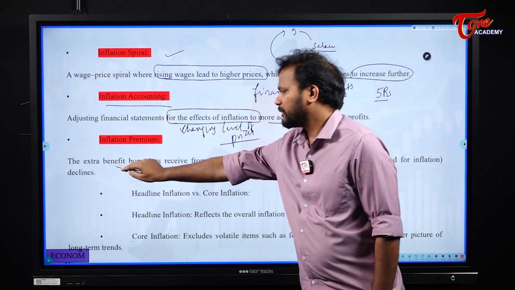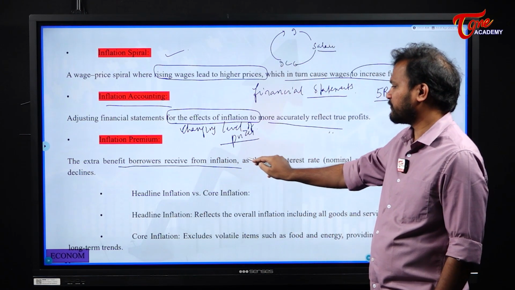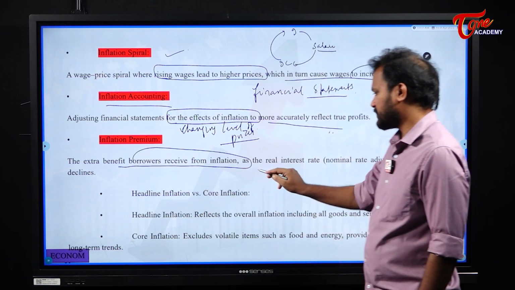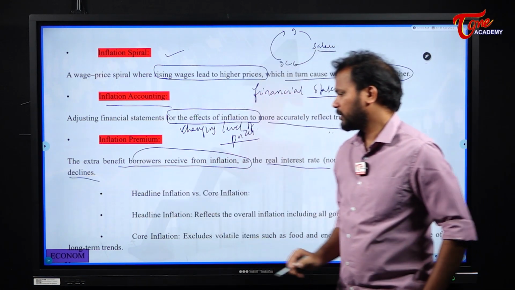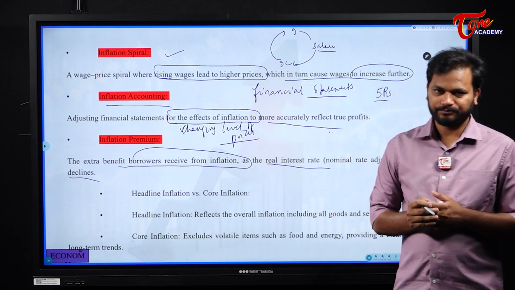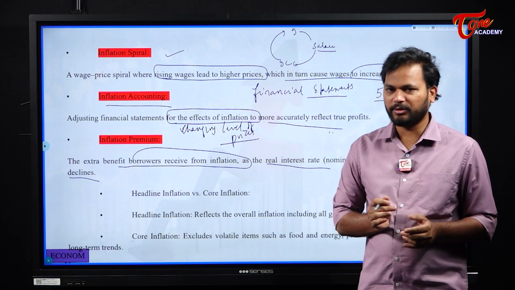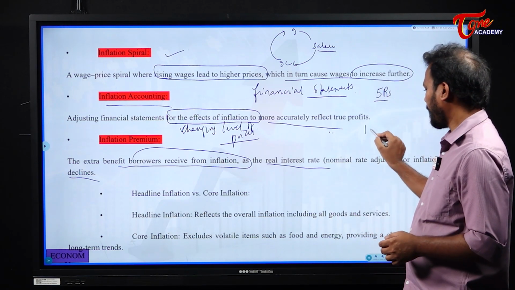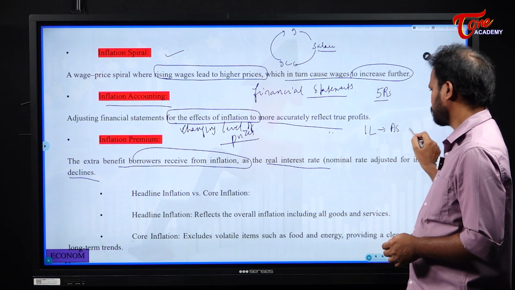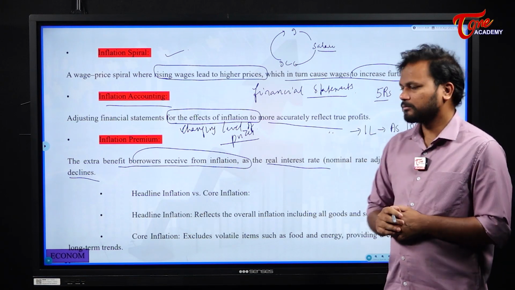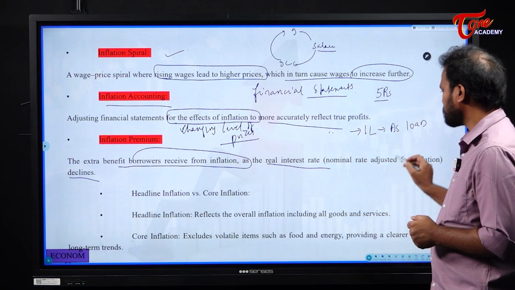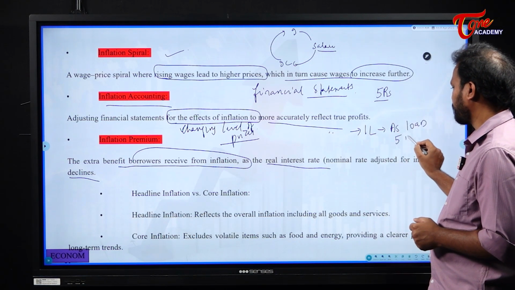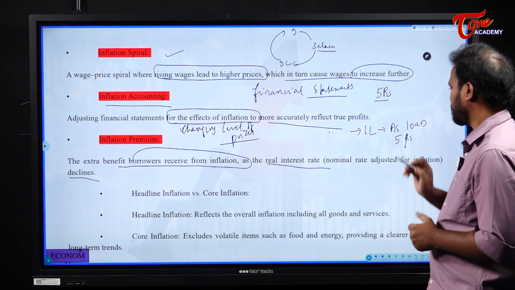Inflation premium. The extra benefit borrowers receive from inflation as the real interest rate declines. For example, let us consider a scenario where I have taken 1 lakh as loan. The interest rate charged is 5%.